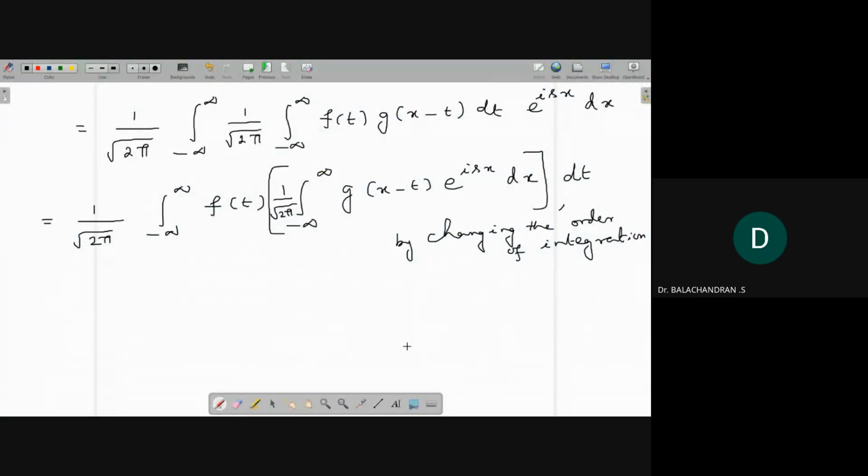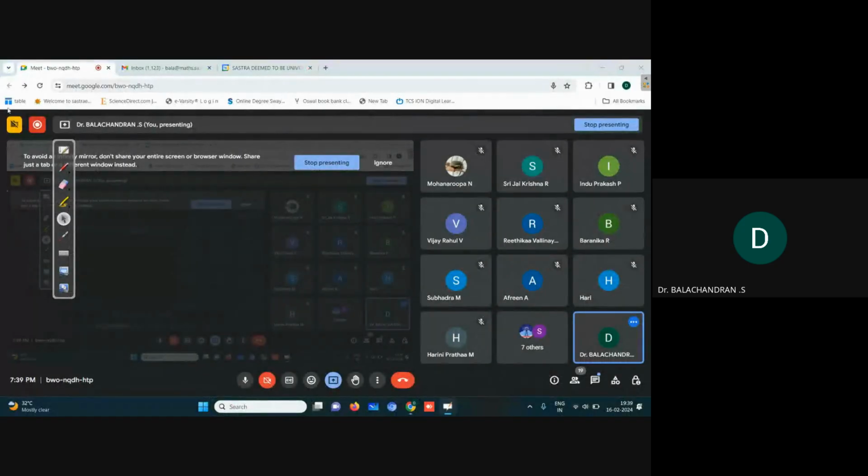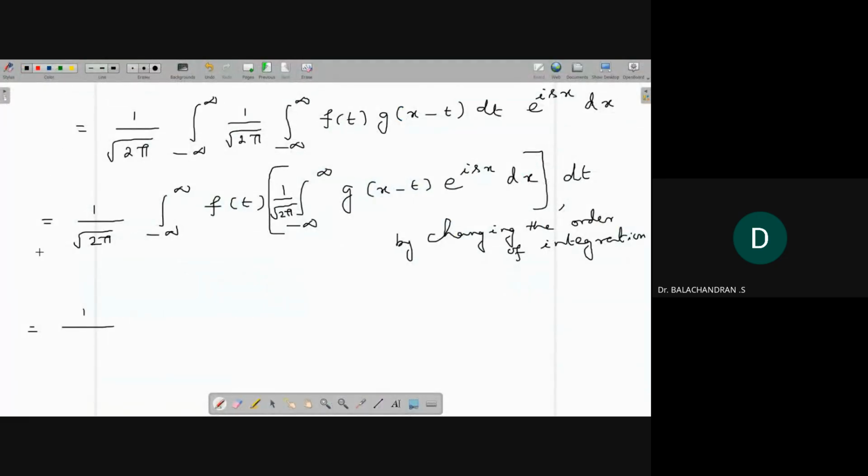Okay, so now, which is equal to 1 by root 2 pi, minus infinity to plus infinity f of t into 1 by root 2 pi.